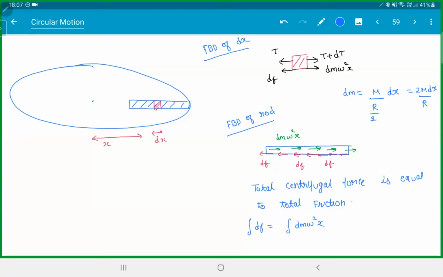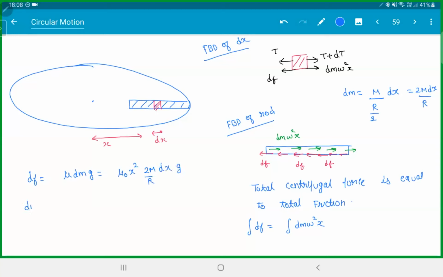And what is the friction here? df will be mu dm g. Mu is mu naught x square and dm is 2m by r dx into g.